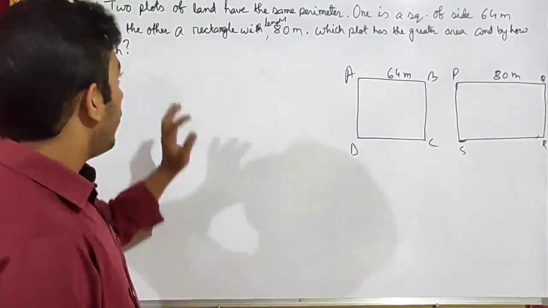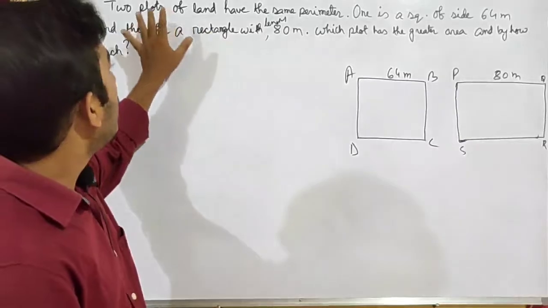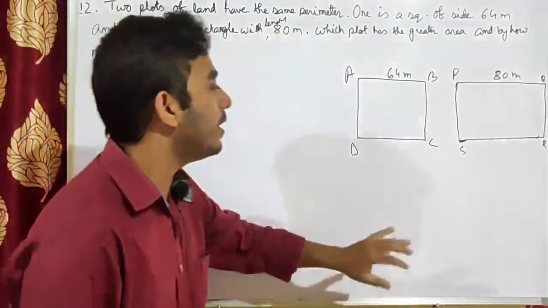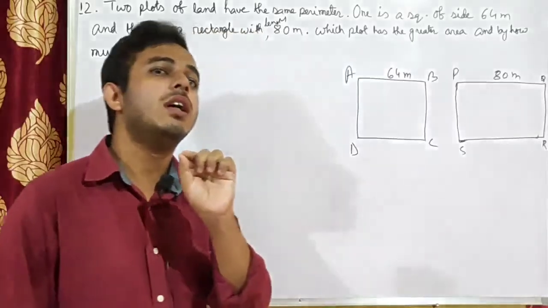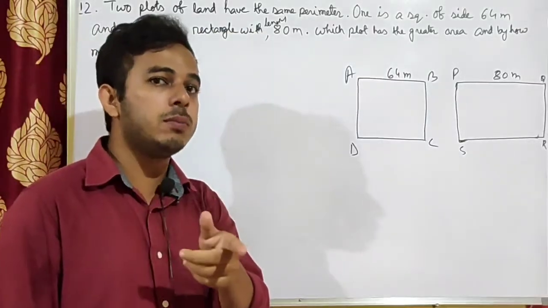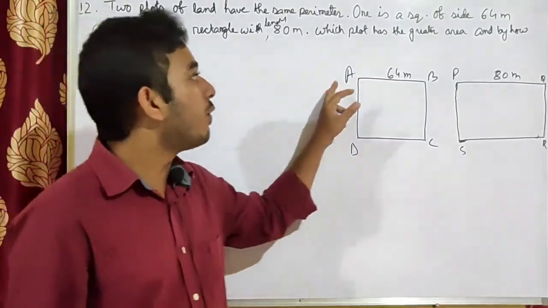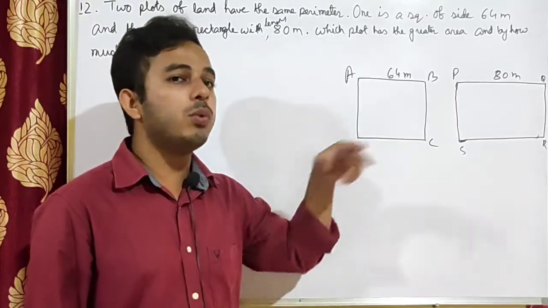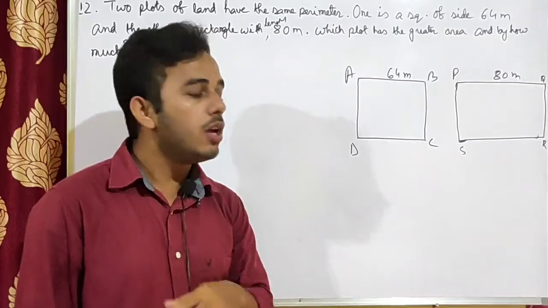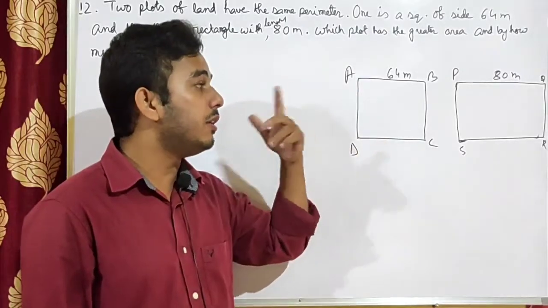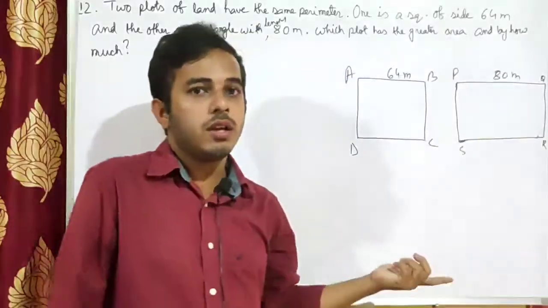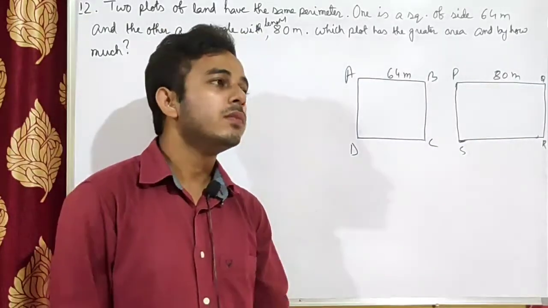So look, first have a look at this. Two plots of land have the same perimeter. Perimeter means the total length of the boundary, isn't it? So from the square we can easily find the perimeter of the square, and this perimeter will be the perimeter of the rectangle.